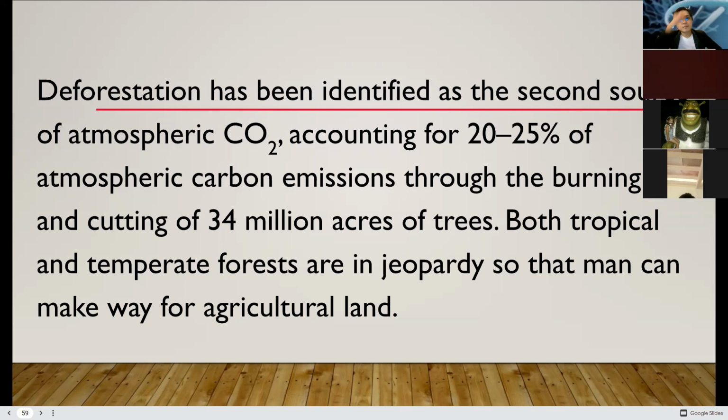Remember that one. So meaning to say, humans actually did a lot of things to nature, jeopardizing a lot of organisms, plants and animals. The natural habitats of animals have been destroyed by humans.